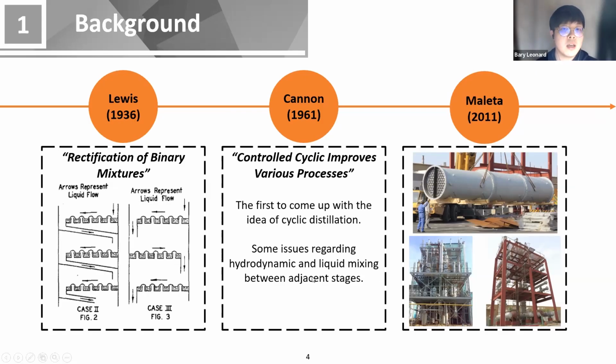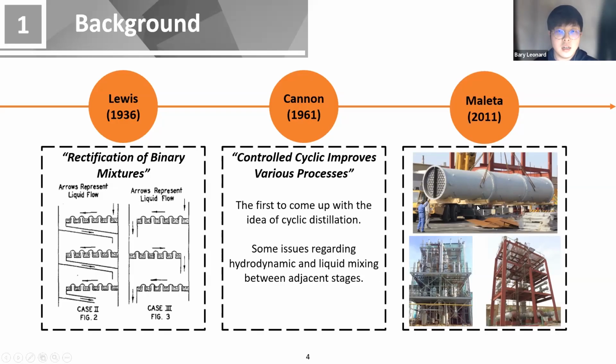So this is the first time this idea came up, but there are some issues regarding the hydrodynamics, where if we use sieve plates or bubble cap trays, the usual conventional trays, the liquid will mix between the adjacent stages. And that is where the next invention came in. In 2011, Maleta et al. invented a new kind of tray, specifically designed for cyclic distillation, called the Maleta tray.